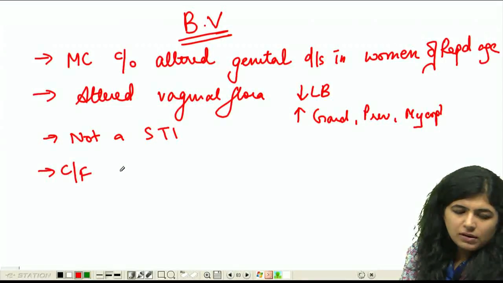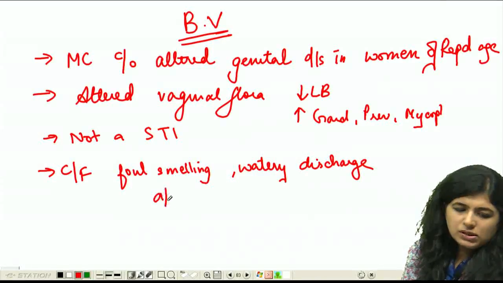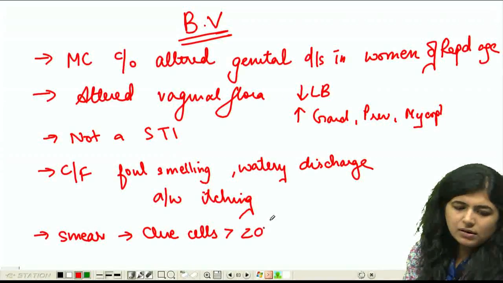Clinical feature will be foul smelling, watery discharge associated with itching. What will this smear show? Smear will show clue cells more than 20%.